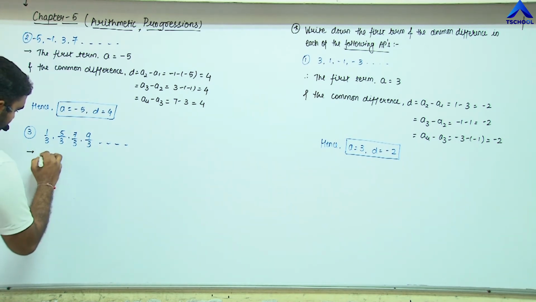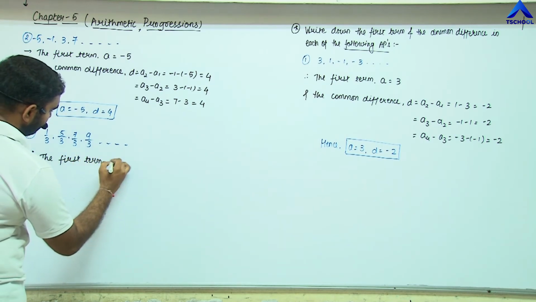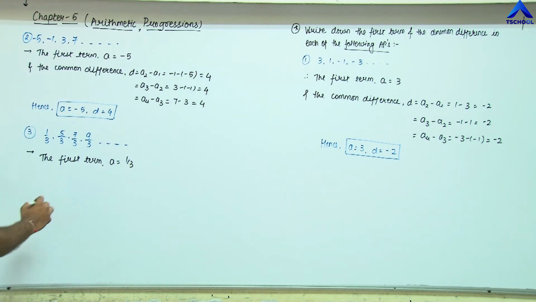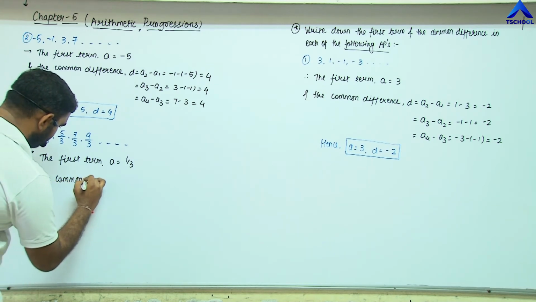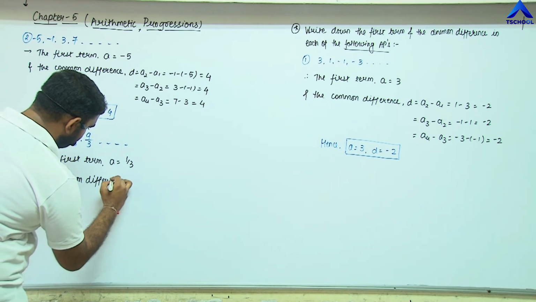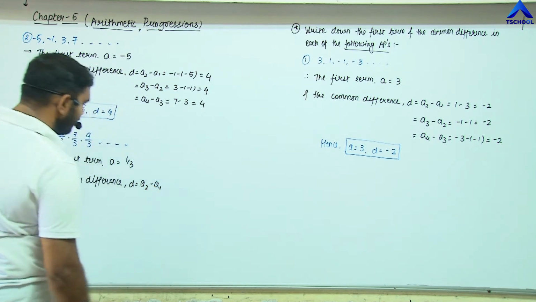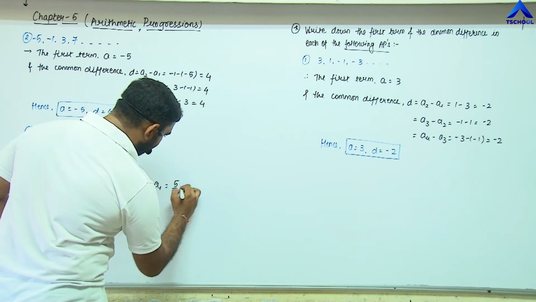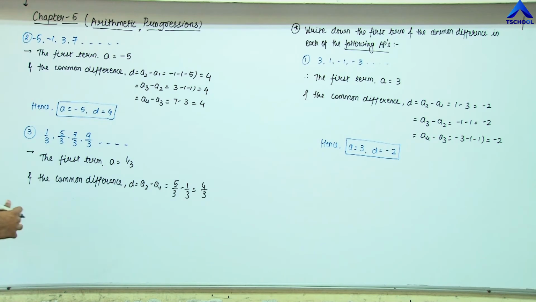Therefore here the first term a is 1 upon 3 and the common difference d is equals to a2 minus a1, right? a2 minus a1, that is 5 by 3 minus 1 by 3, which is equals to 4 by 3, right?